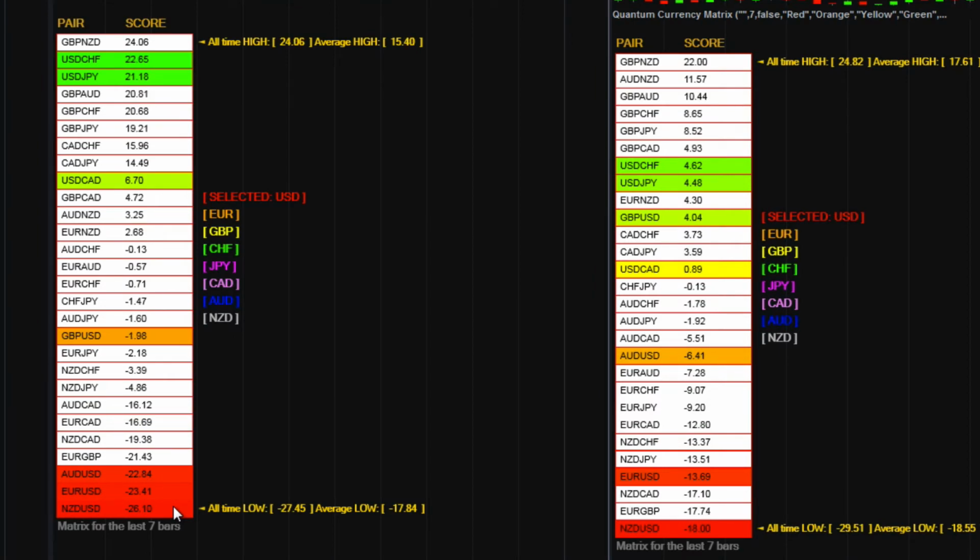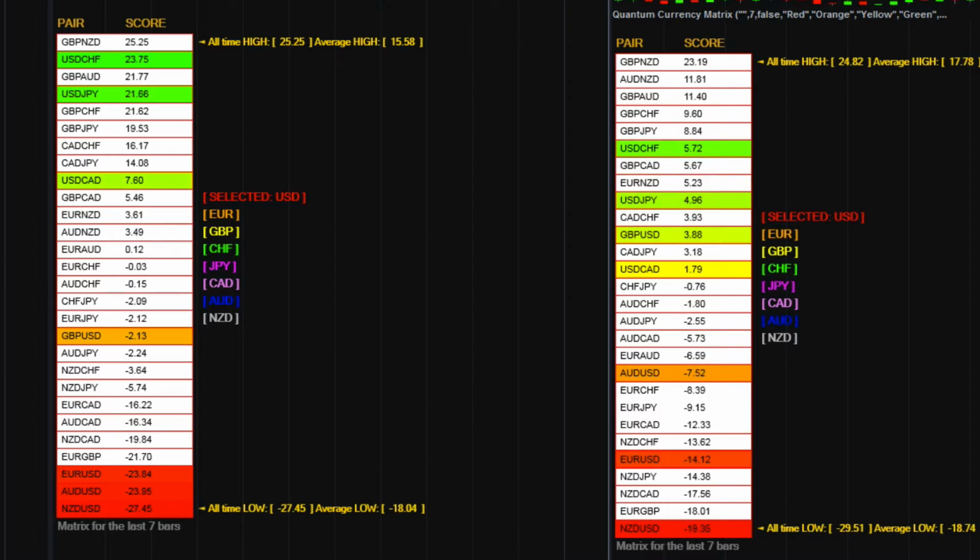And what you'll find using the indicator is on some occasions, you will get very high numbers up at the top and relatively low numbers down at the bottom. And what that is telling you is if you see a big differential between the top and the bottom in terms of the number per se, forget about the fact that it's a negative number, minus number, as opposed to a positive number. Just the actual digital value, if you will.